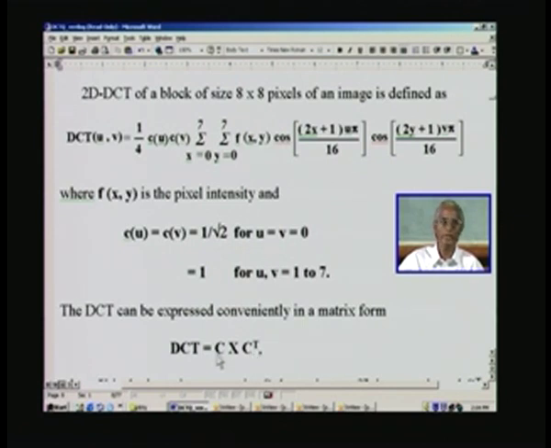What you see as a row there will be a column here, that is what you imply by the transpose.